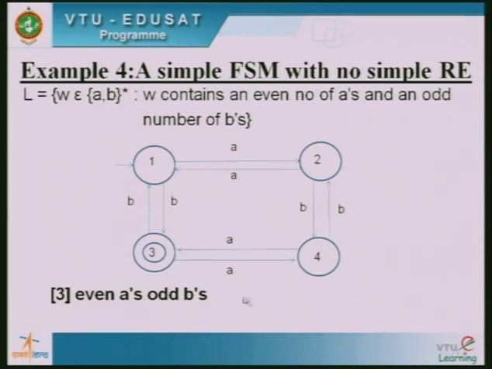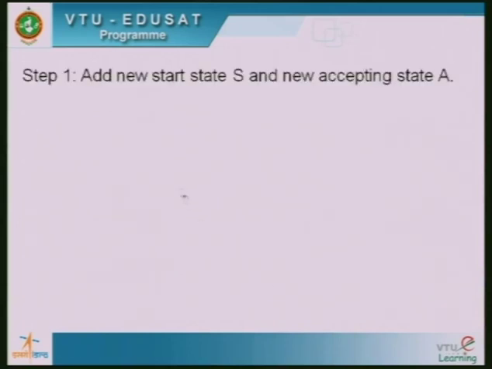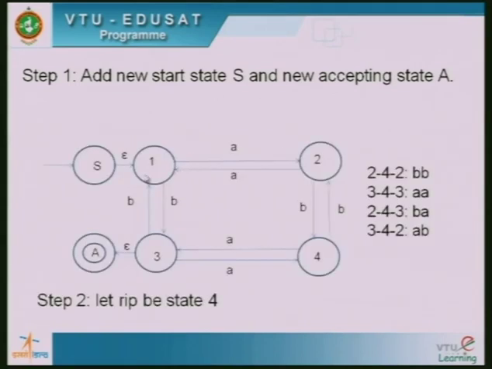Let us proceed to find the regular expression. The author has not given the solution, it is left as an exercise. I found this problem very interesting, so I have solved it. Step 1: there are no dead states, so add the new start state S and the new accepting state A.